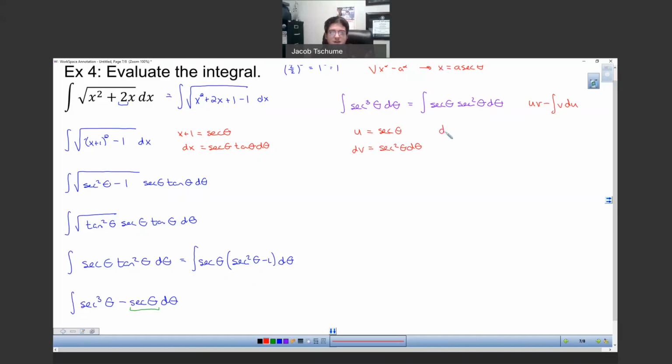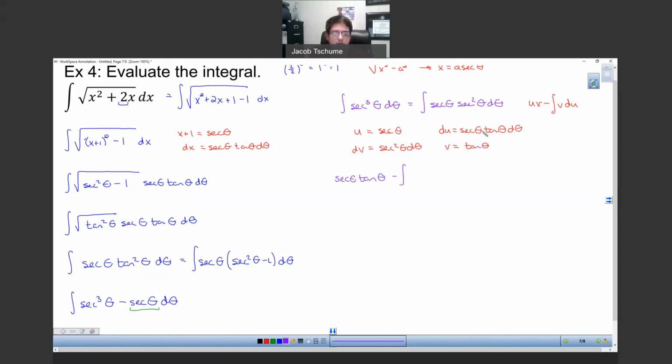Because now I know that du would be secant theta, tangent theta, d theta, take the derivative, and then when you integrate secant squared, that would just be tangent theta. So substituting these values into your integration by parts formula, you would multiply the u and the v, which would give you secant theta times tangent theta minus the integral of v times du.